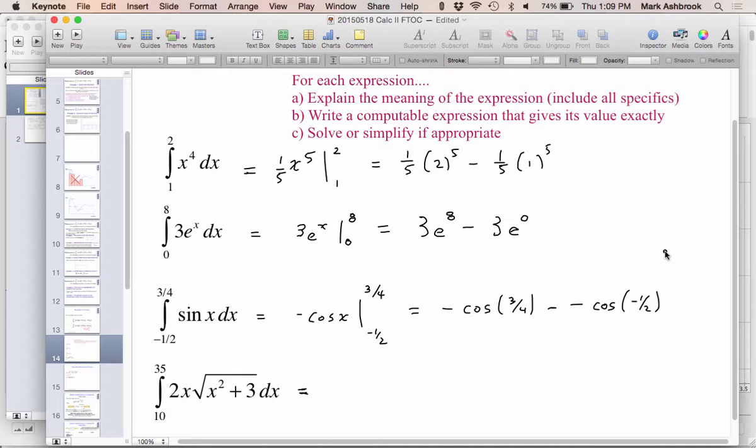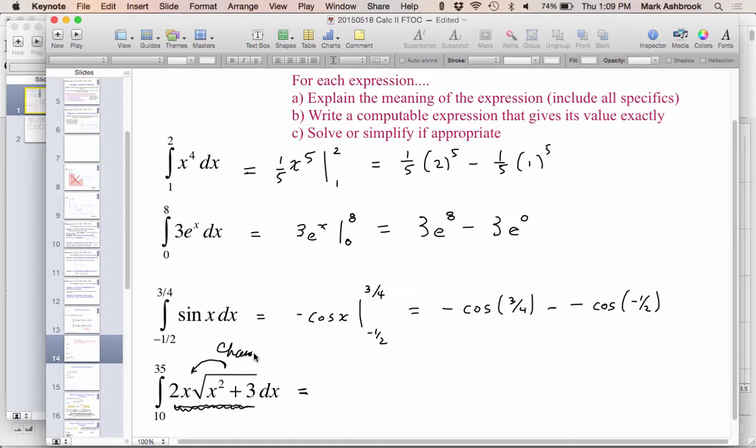Okay, and then I wrote the answers to B for those. What about this last one? So if we're doing antiderivative, do we recognize this as the derivative of something? What kind of derivative is that? It's a little more complicated derivative. Do you recognize that as the derivative of x squared plus 3? Do you see this 2x is the derivative of the inside? What rule is that?